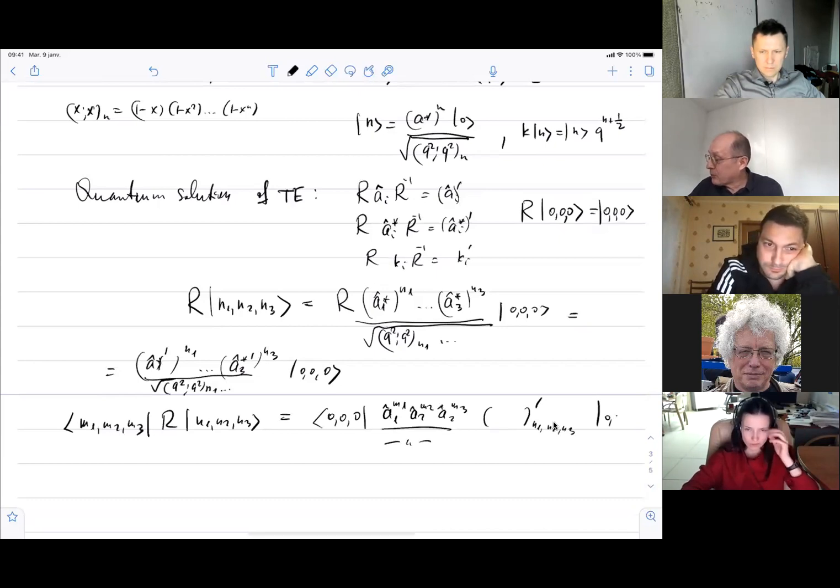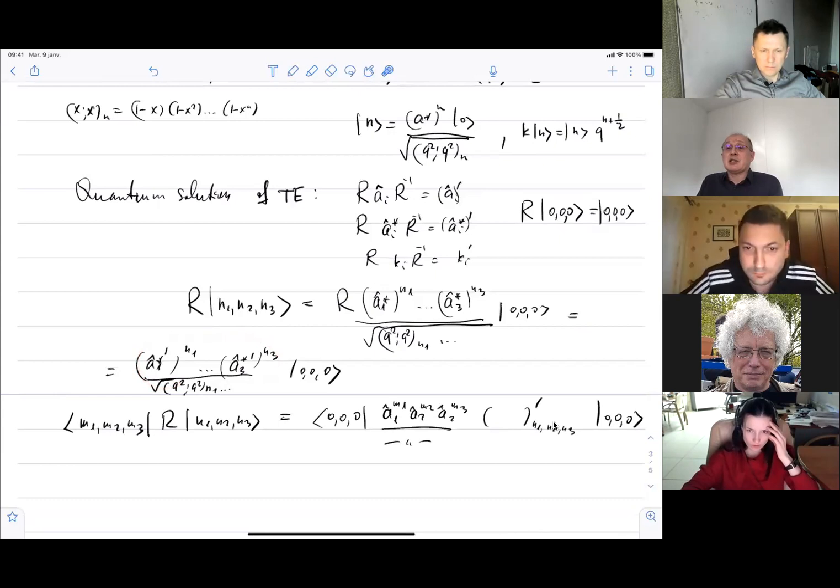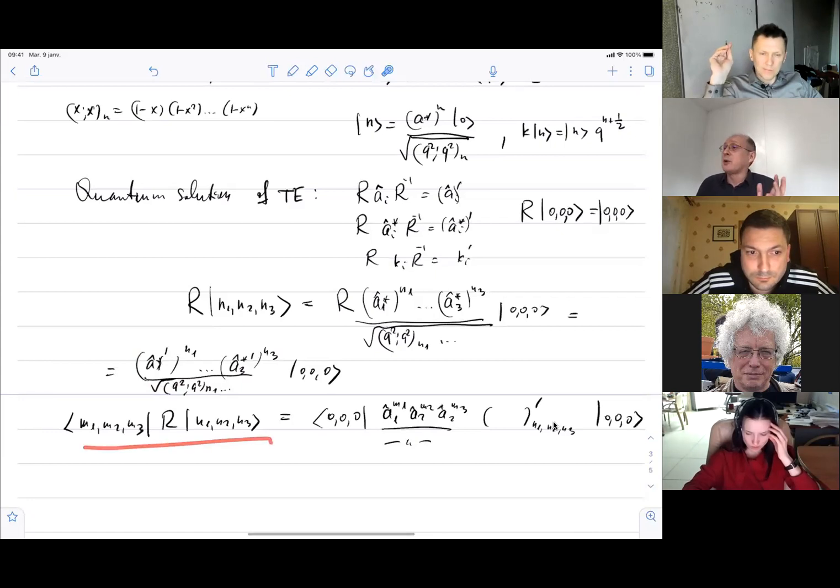The prime operators are explicit expressions in terms of non-prime operators, and then you pull all annihilation operators to the right, so it is clear that you can calculate this matrix element in closed form, as Bazhanov-Mangazeev-Sergeev do, and they end up with a pretty nice formula in terms of a Q hypergeometric series phi 2 1.